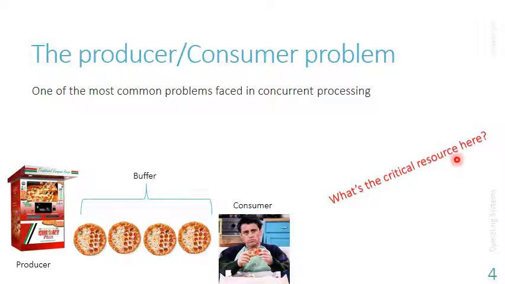As we've seen in last week's lecture, a shared resource is a critical one, and there's always a critical section dealing with a critical resource. So the shared resource in this case is none other than the buffer. It's shared between the consumer process and the producer process. Fair enough? So we need to regulate the access to that particular shared resource, which is the critical one.